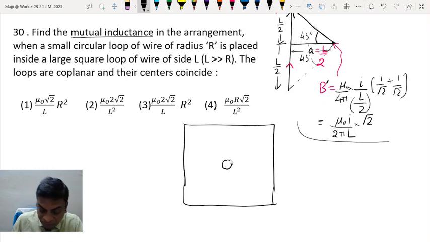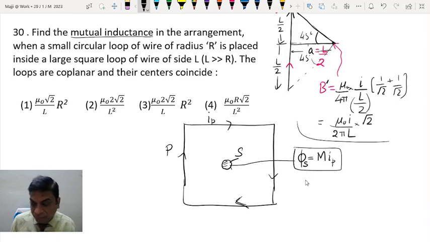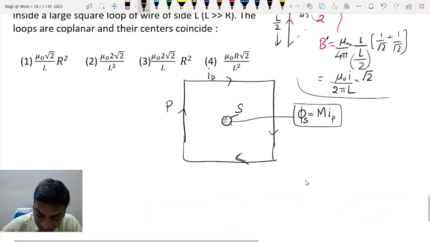So here we can calculate the flux through the secondary if we choose the small circular coil as the secondary. I'll explain why. So the bigger coil has been taken as primary. So let a certain current IP be made to flow through the primary. If the magnetic flux associated with the secondary be phi s, then the coefficient of IP will give you M. This is how we calculate.